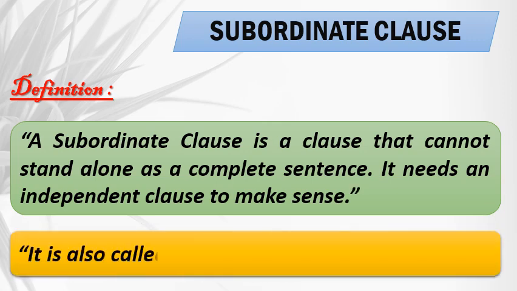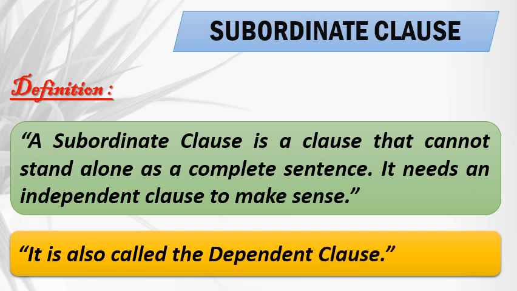It is also called the dependent clause, or we can say a dependent clause cannot function on its own because it leaves an idea or thought unfinished. It is also called subordinate clause. Dependent clauses help the independent clauses to complete the sentence. A dependent clause alone cannot form a complete sentence.